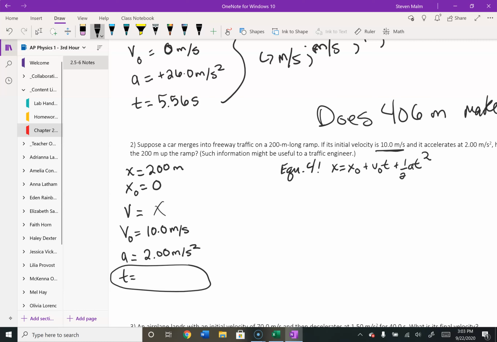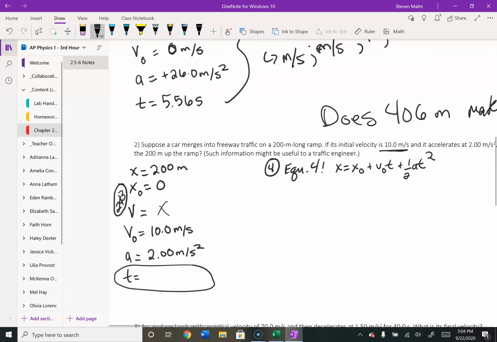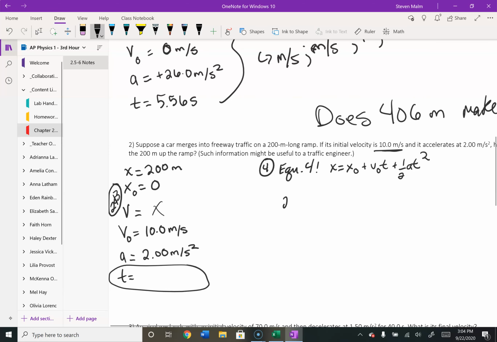All right, from there, we're going to plug and chug. So this is step 4. This is steps 2 and 3. And this is step 1. Okay, so I'm going to plug numbers in.